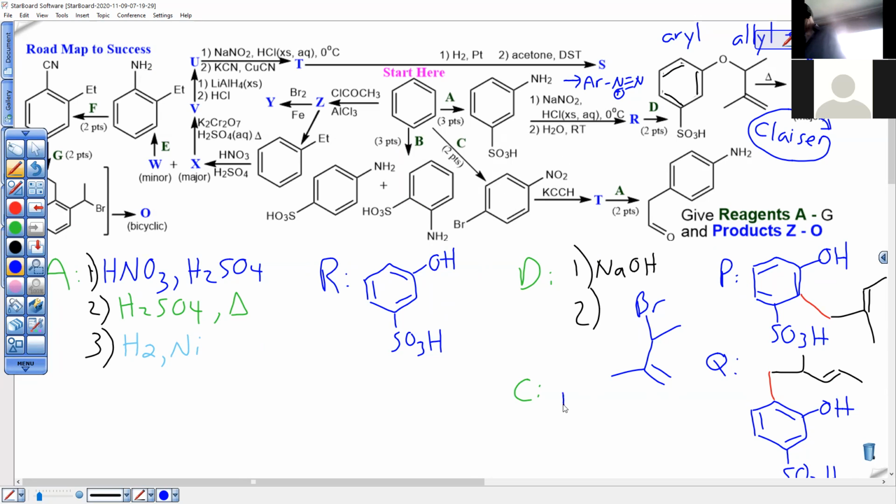So step 1, Br2 and Fe. You've got a bromine on your benzene. How do you put a nitro on the benzene? Once again, that is a pillar of the next test. Putting nitros on benzene.